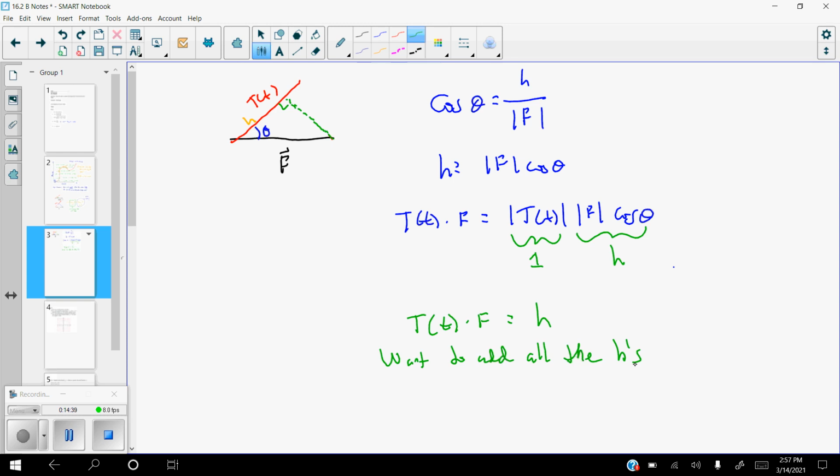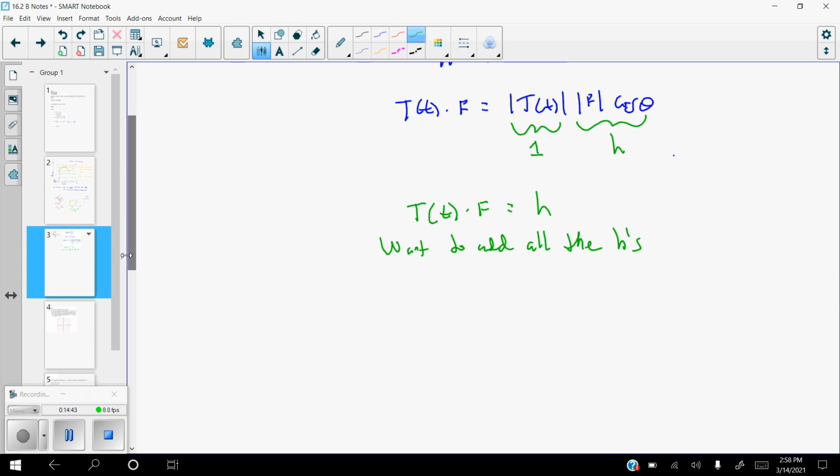It's parallel to the tangent vector. Well, that's going to create a line integral for us. So we would take the line integral over C of the force dotted with the unit tangent vector ds, per arc length.